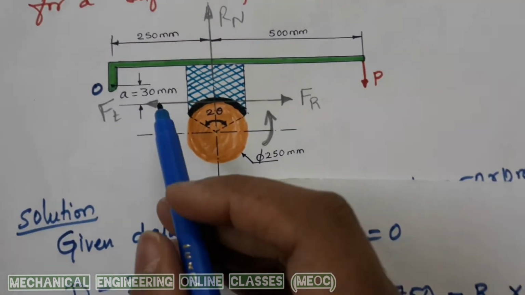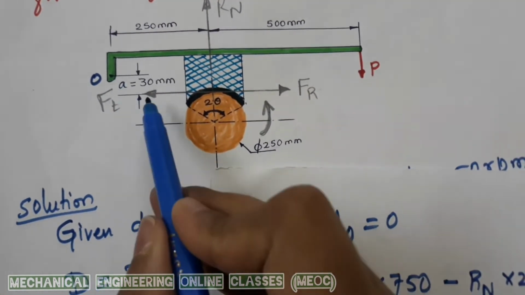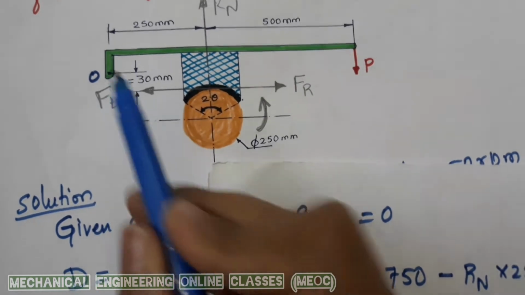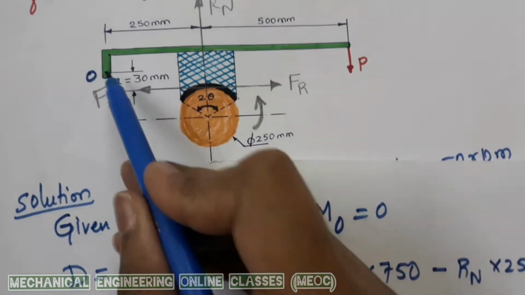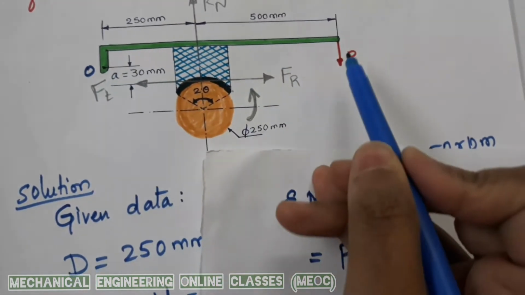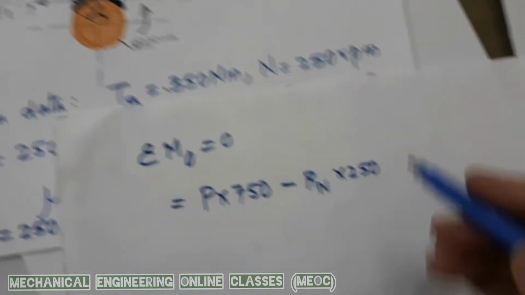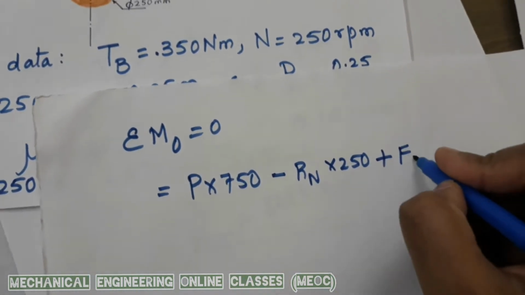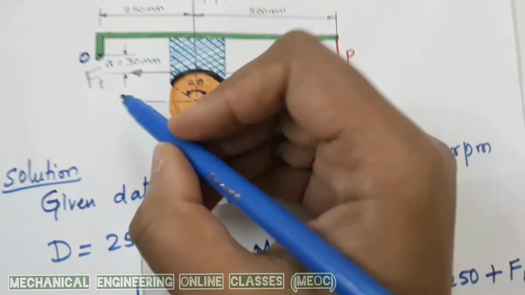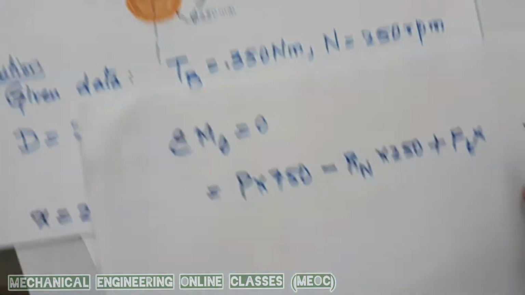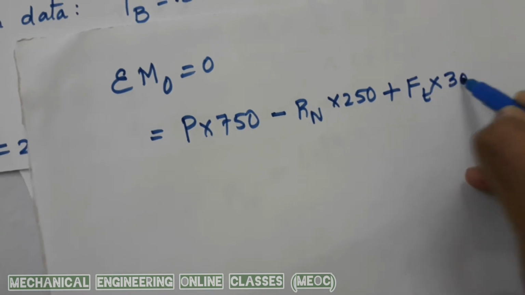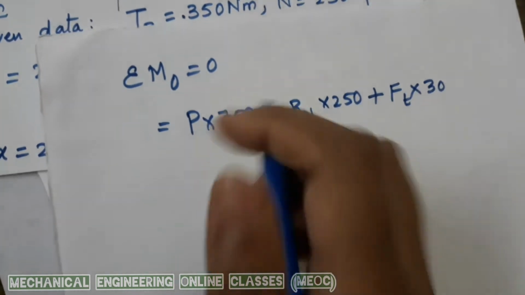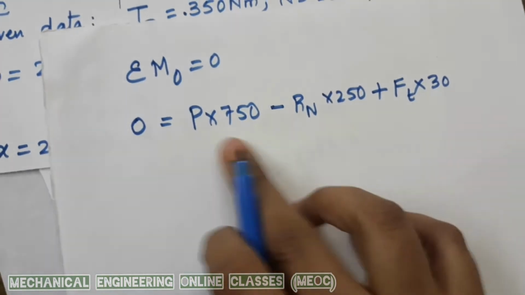And similarly, moment of Ft about O. This is also producing a clockwise moment, just like that of P. So the sign will be same. It will be plus Ft into A, which is given as 30. So this is the equation. 0 is equal to this.